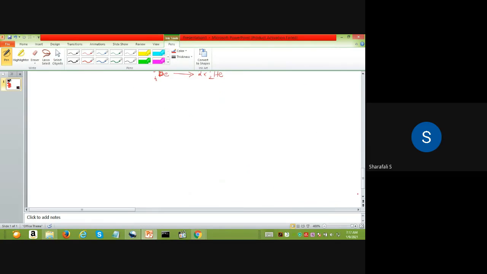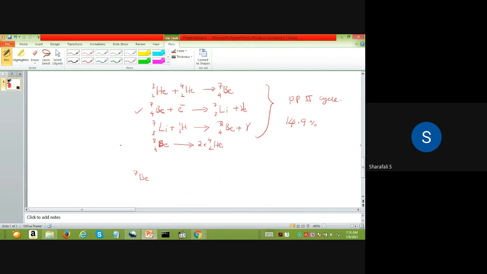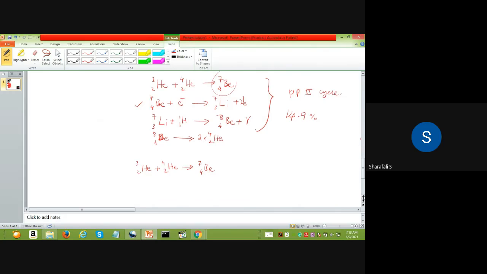And there is one more cycle, which is PP3, where you have that beryllium 7, the one formed in the first reaction. So if you need, I will write that completely here. What is that? Helium 2, 3 reacts with helium 4 in that core region and forms beryllium 7, 4. In the next step, what will happen?